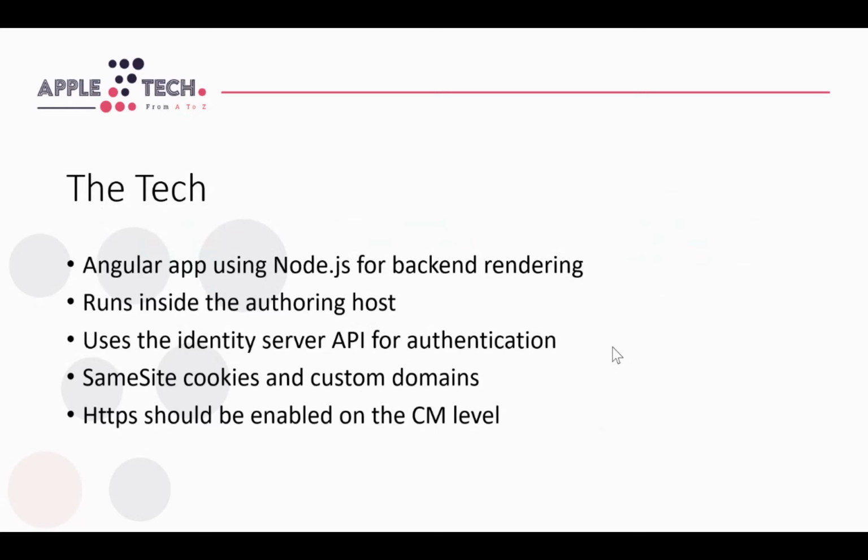And finally, it has to have the same setup of domain. What I mean by that is, when we install Sitecore 9 and above, you always have your identity server dot your domain, right? You have the xconnect dot your domain.